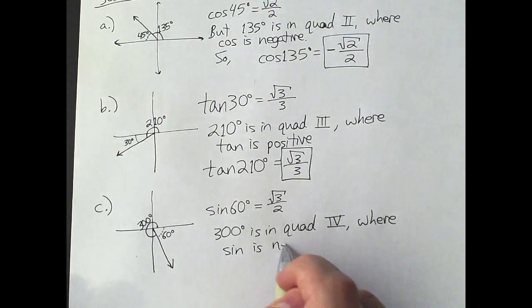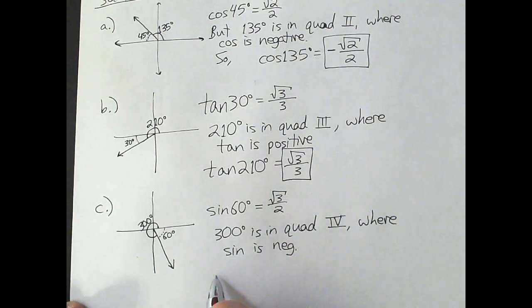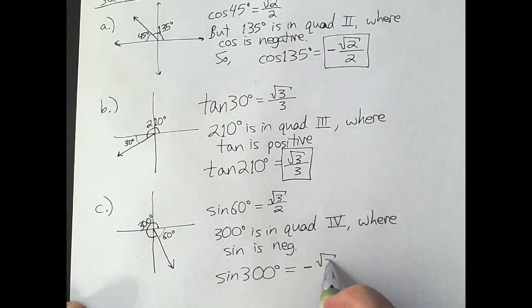Well, it's negative. Because sine, we always learned that sine was the y-coordinate on the unit circle. Y-coordinates are negative down here. So the answer then, sine of 300 degrees, is negative square root of 3 over 2.